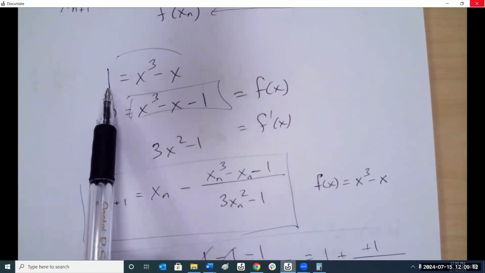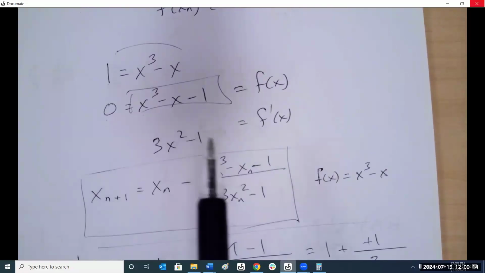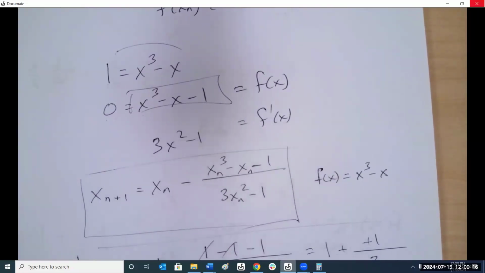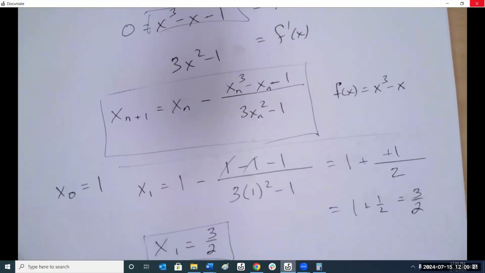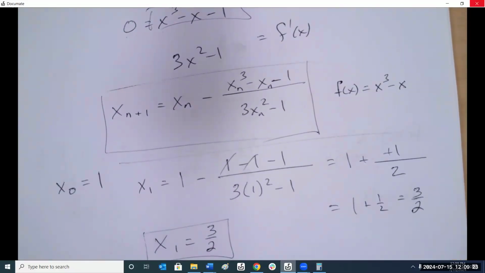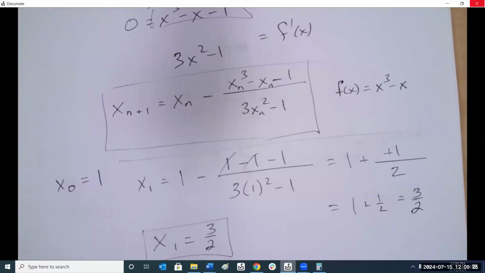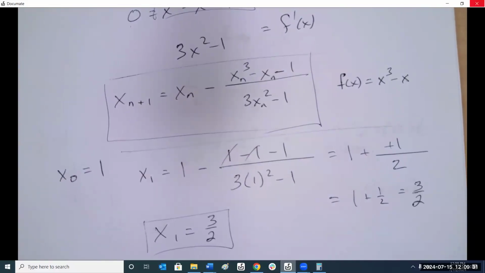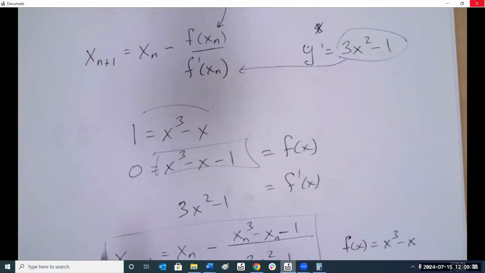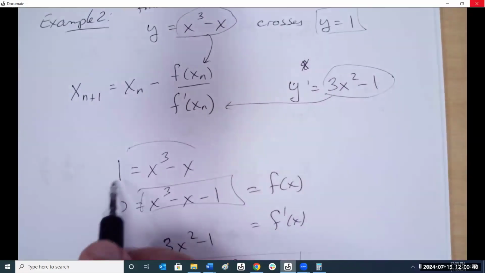So since it equals 1, we move the 1 over, get it equal to 0. Now this is our function. It's because y equals 1. That's where that equals.